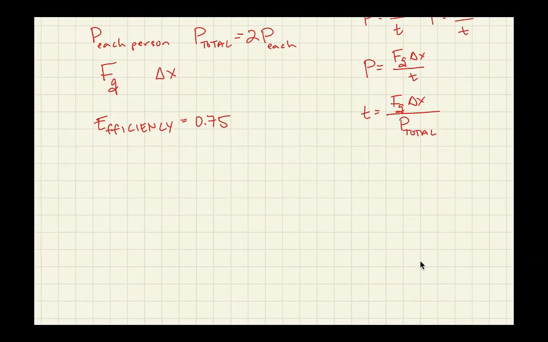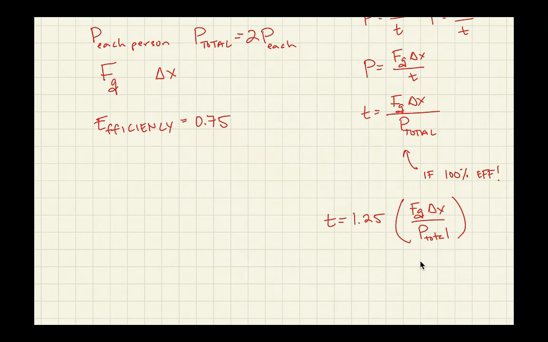But remember, this is if it's 100% efficient. So my true time is going to be 25% more than that. So t in actuality is going to be 1.25 times Fg delta x over p total. Right?